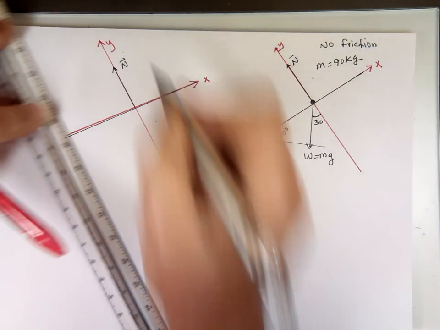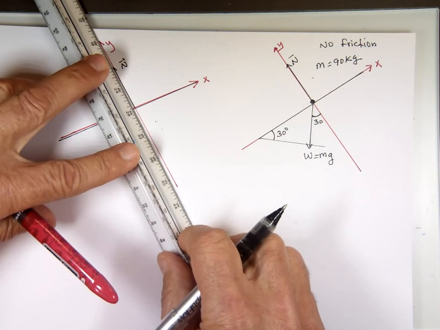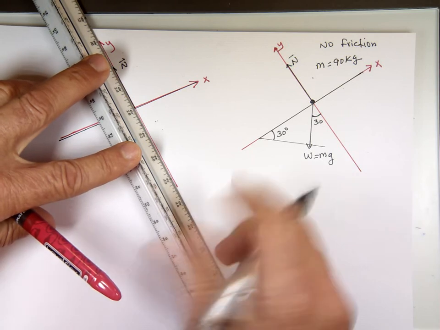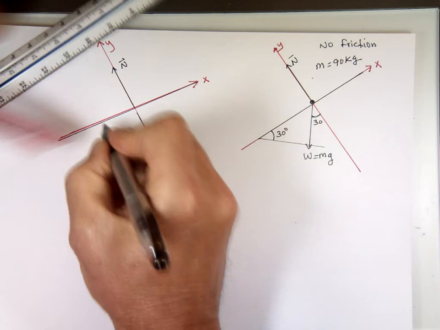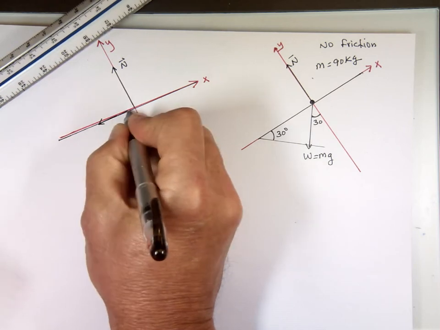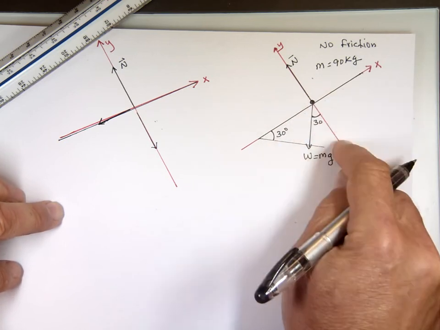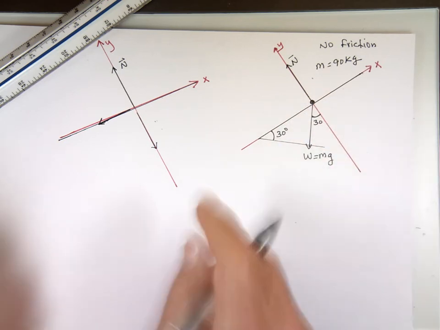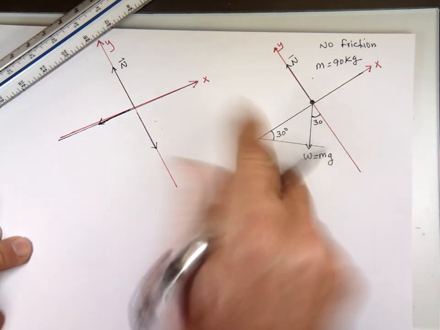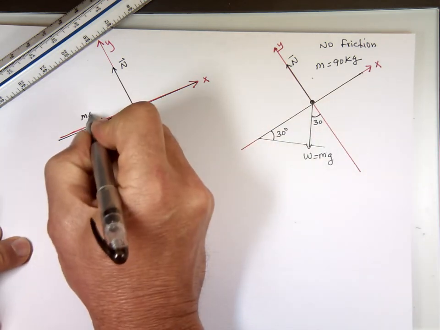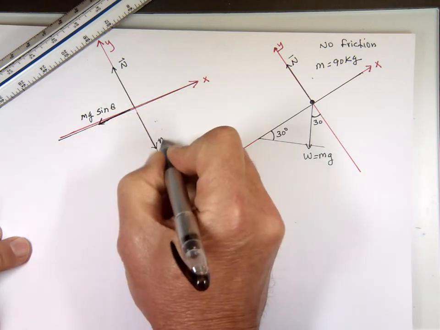I'm going to take the weight and break it down into two parts, one this way and one this way. To go from here to there, you have to go down this way and come back this way. This piece along this line is mg sine theta, and this piece is always mg cosine theta.